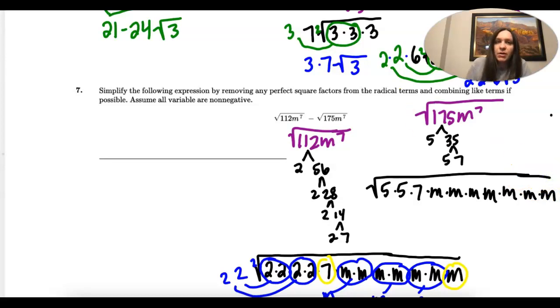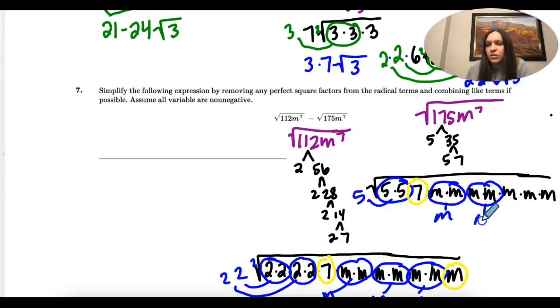And then I'm going to pull out pairs, because that's my invisible index. So pair of 5's, and then the 7 has to stay left over. And then we just did this. I have 1, 2, 3 m's and 1 m left over.